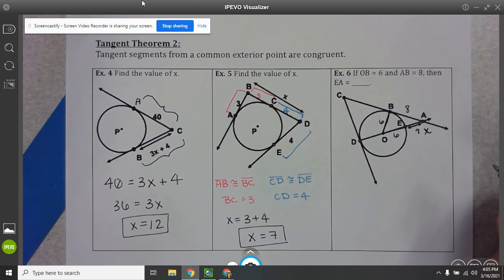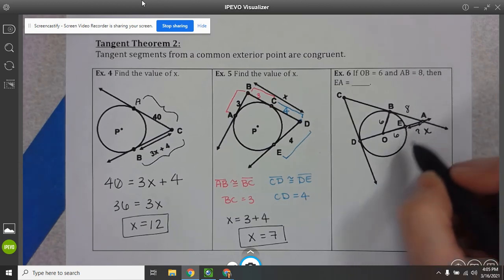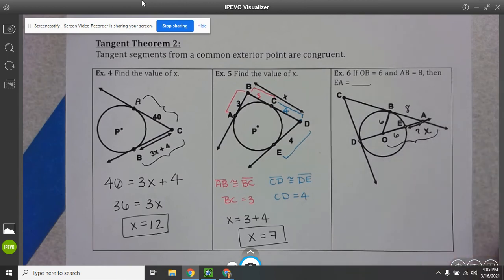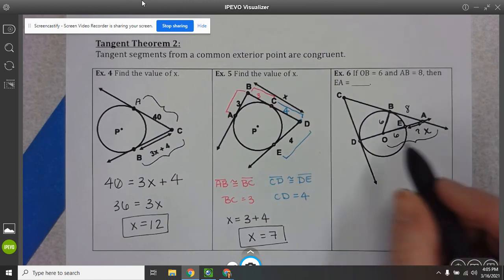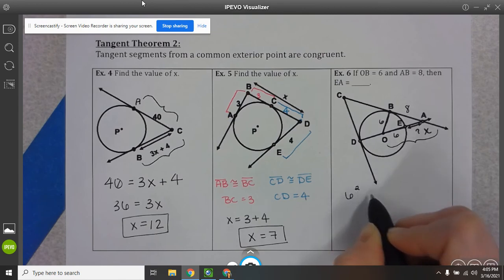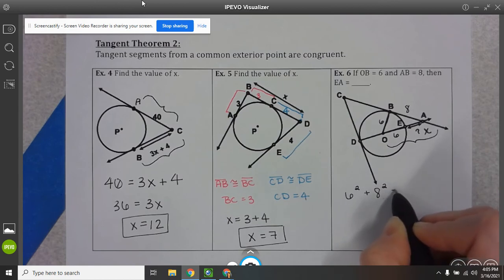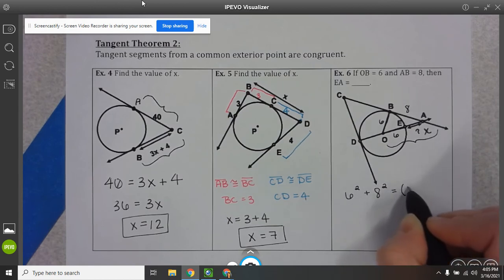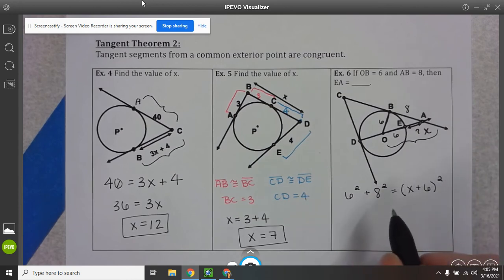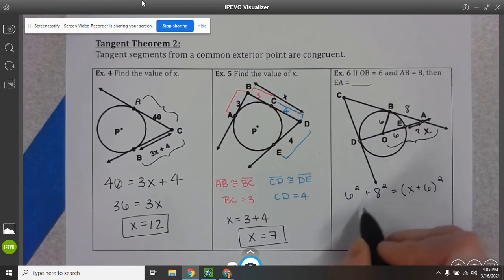So this actually goes back to kind of like what we did before. So I've got 6 squared plus 8 squared being equal to x plus 6 squared. 6 squared and 8 squared added together is 100.